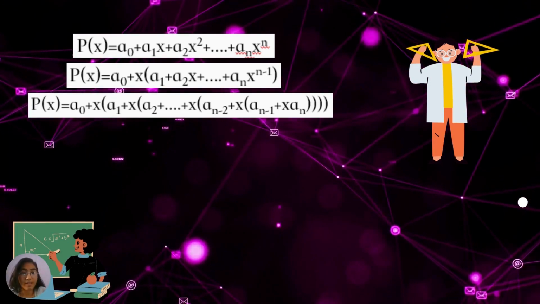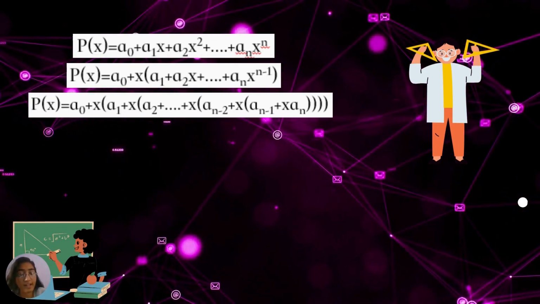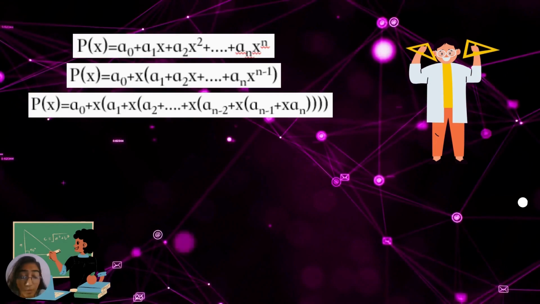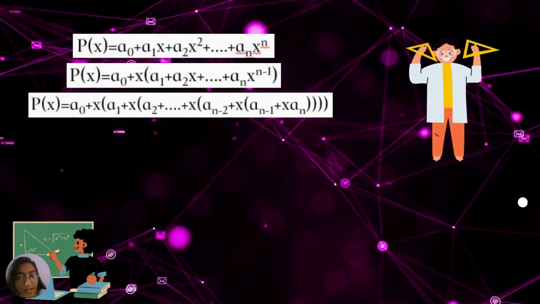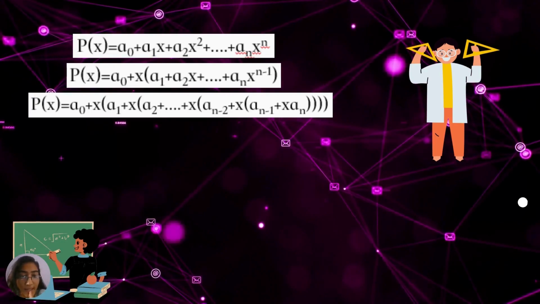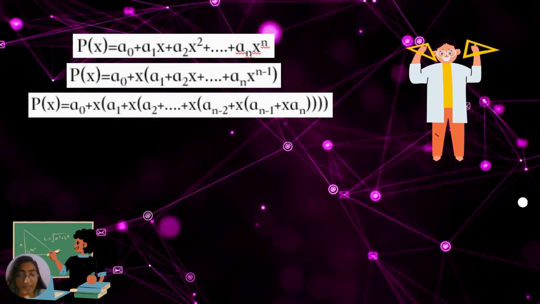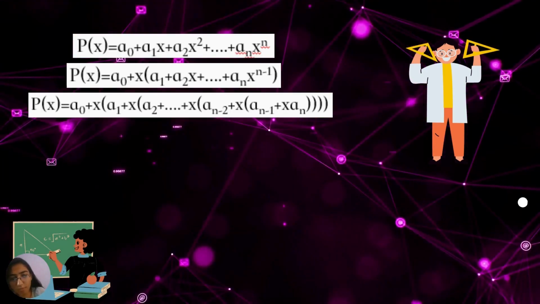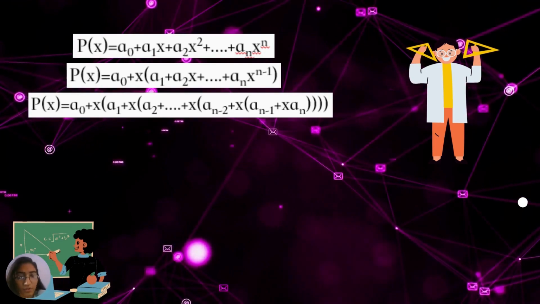Then we will continuously take x common from this expression, and up to the end we will reach the expression where p(x) is equal to a naught plus x(a1 plus x(a2 plus up to x(a_{n-2} plus x(a_{n-1} plus x a_n)))). Why did we do that? So that, as you can see, there is a common pattern here.